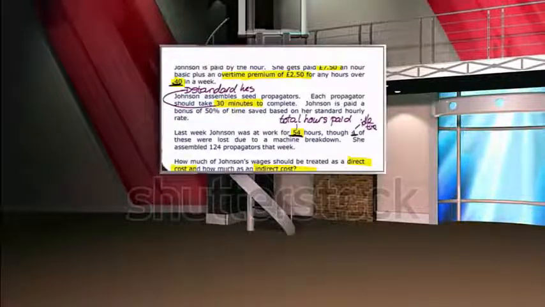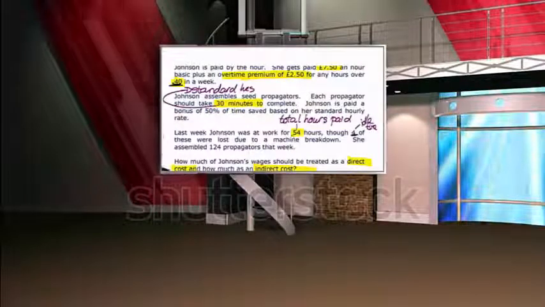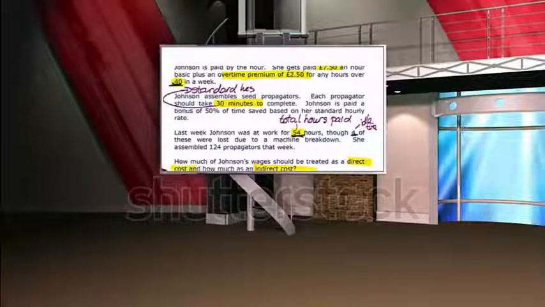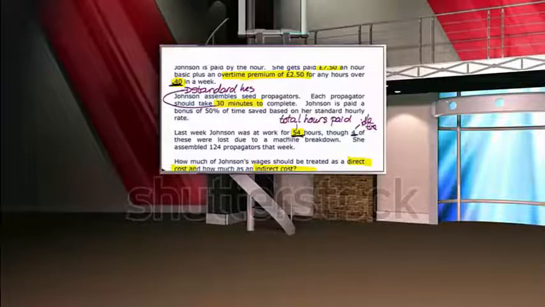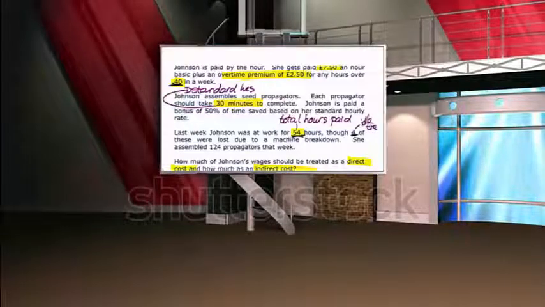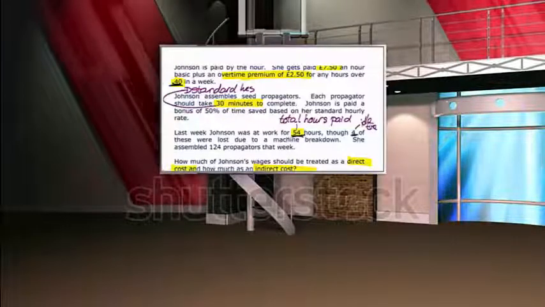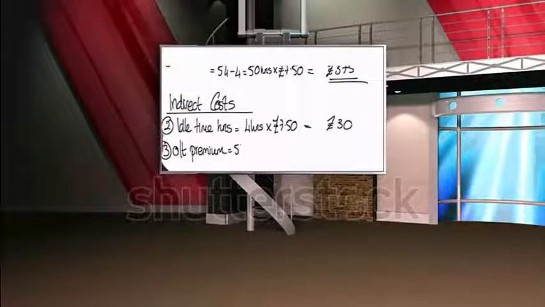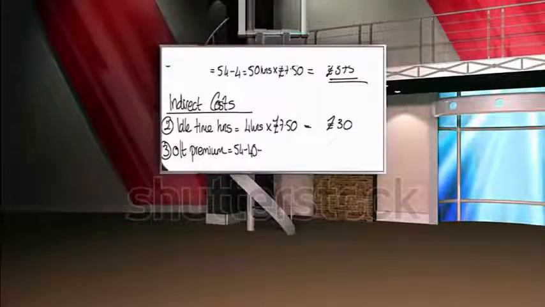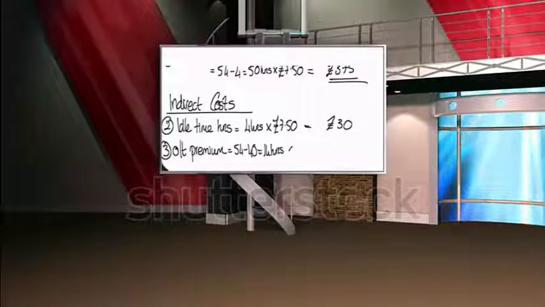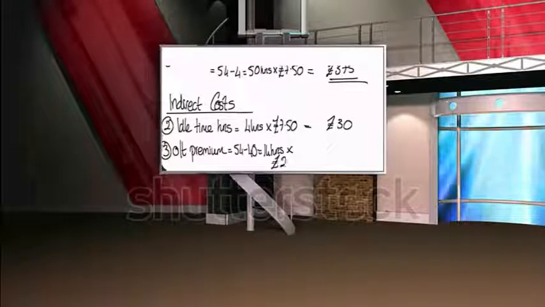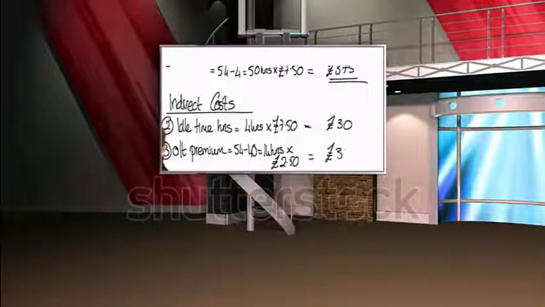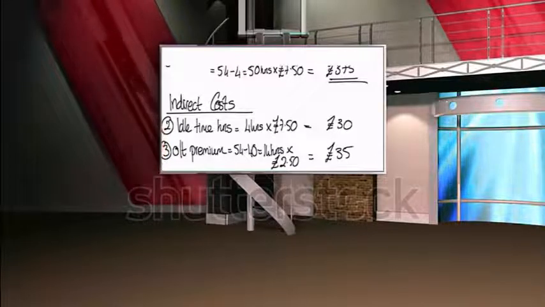And we're told as well that in total she was at work for 54 hours. So her overtime hours were the difference between her total hours worked and her basic hours. So her overtime premium will be paid for 54 minus 40, so 14 hours, multiplied by the overtime premium per hour of £2.50 gives us 35.